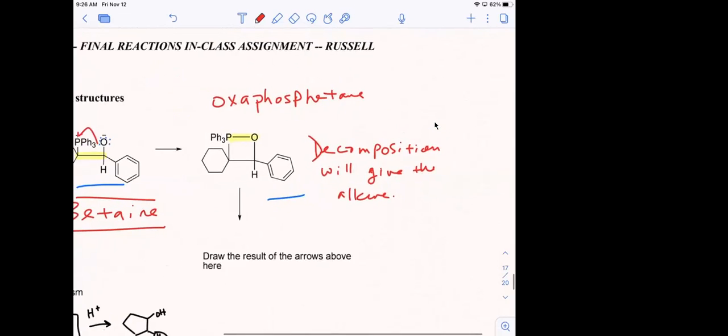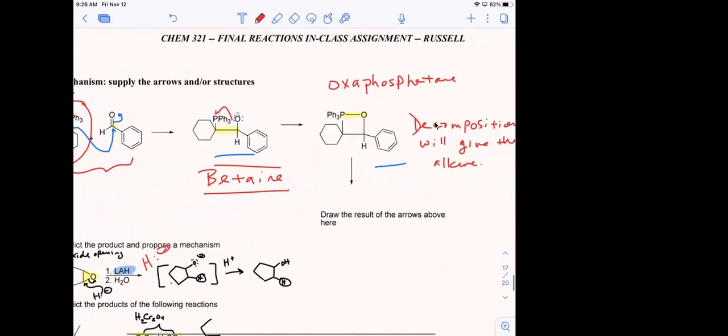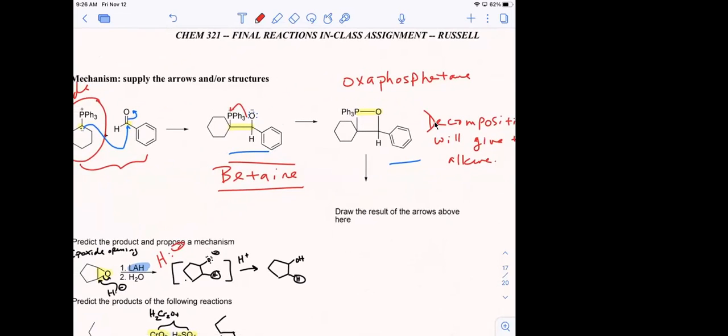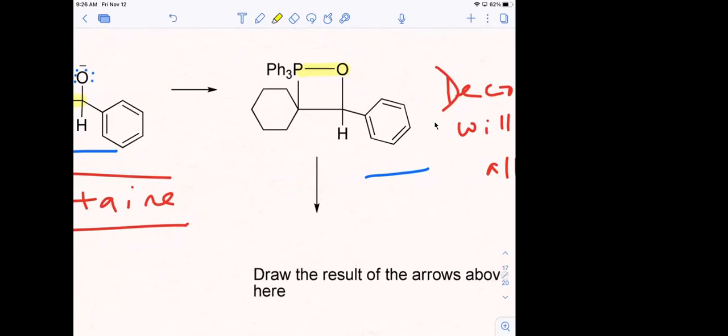So decomposition, that's what's going to give me my alkene. So I want to put a double bond right here. That's the goal. How can I do it? Using only what I have right there.